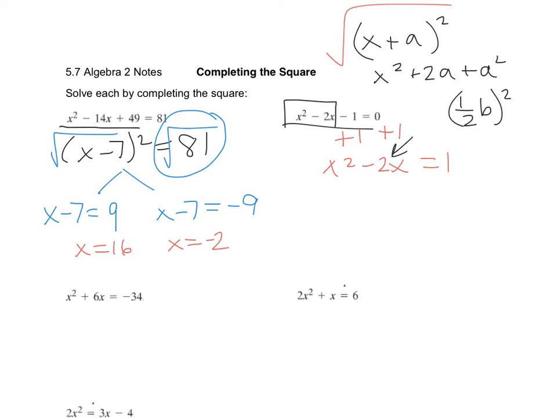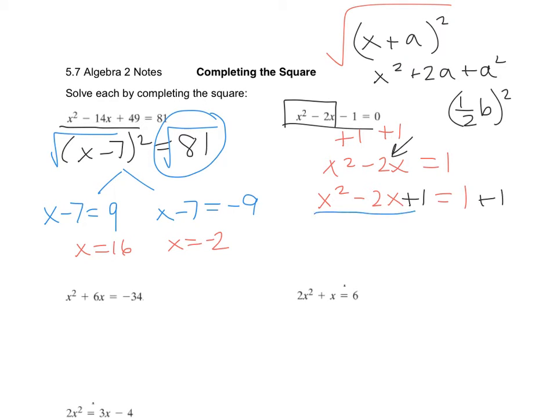That's going to create a perfect square trinomial. So I have x squared minus 2x, but half of negative 2 is negative 1, and negative 1 times negative 1 is positive 1, so I'm going to add 1 to each side of my equation to keep it balanced.